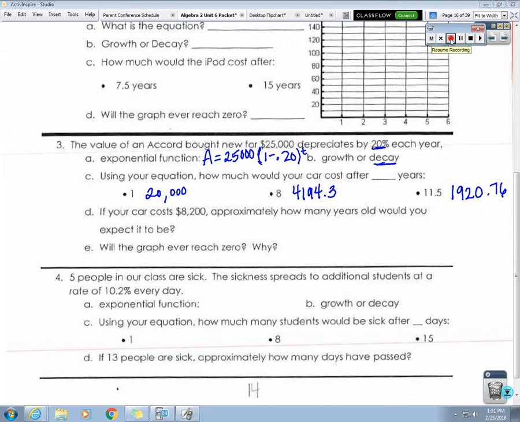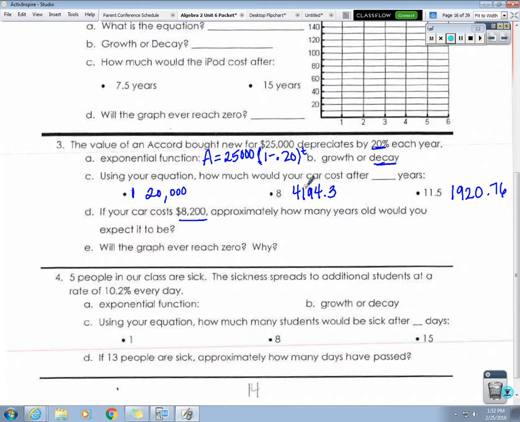Okay, if your car costs $8,200, approximately how many years old would you expect it to be? Okay, well let's use a little common sense here. After 1 year, your car dropped to 20,000. By the 8th year, it had dropped here. Well, if you want to find out how old it is when it's that much, isn't that in between those two? Aren't you just going to have to guess and check?